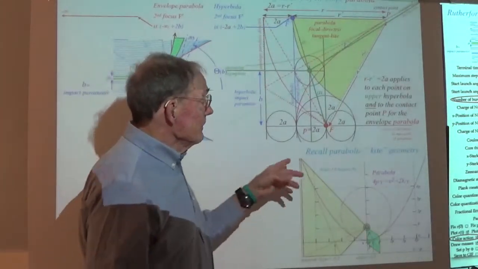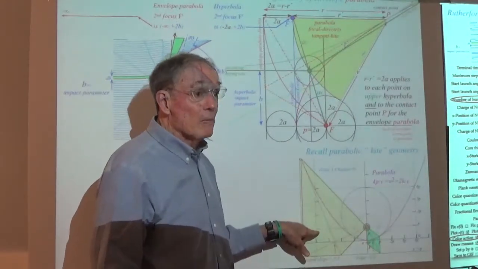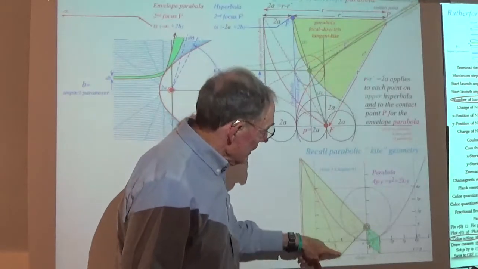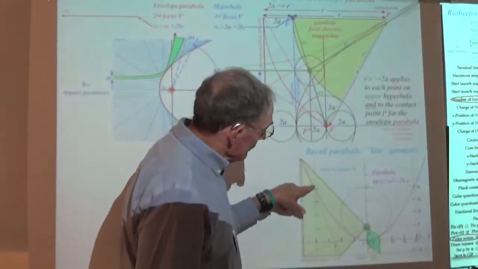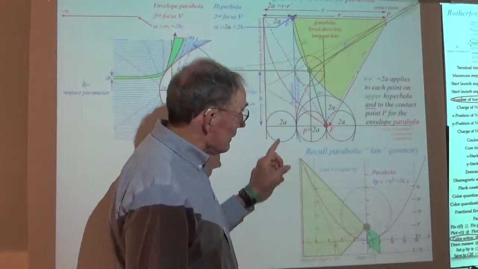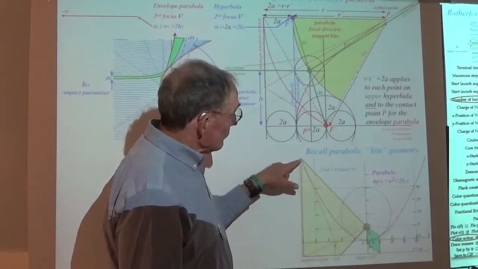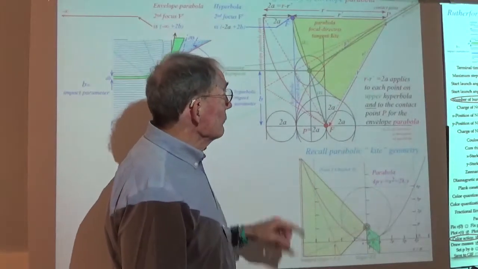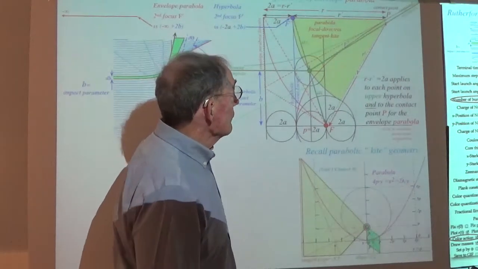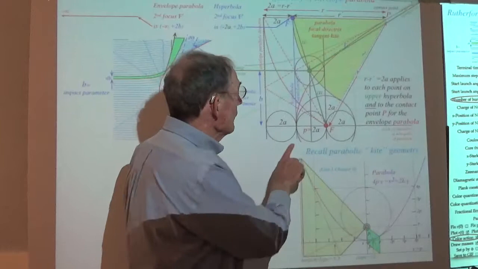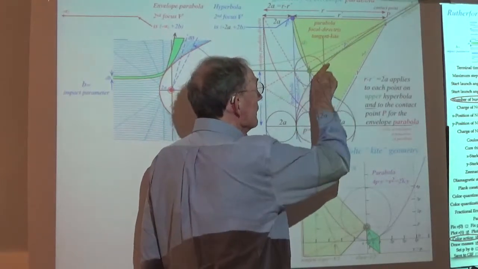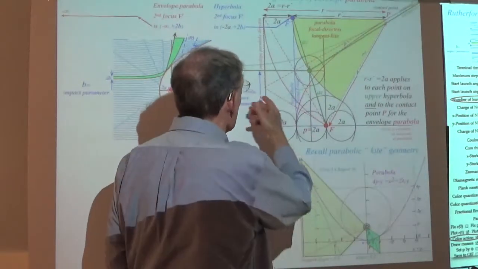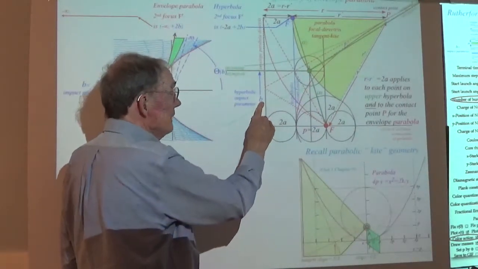And it's based on our old friend, the parabolic kite, whose center line, you see, is a tangent. Okay, so the center line of the kite is pointing to a contact point. And that contact point is what we're looking for. We're looking for that wonderful point where the parabola, which is right here, touches a particular orbit that has some value of b.